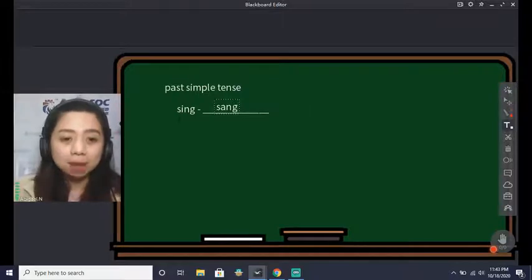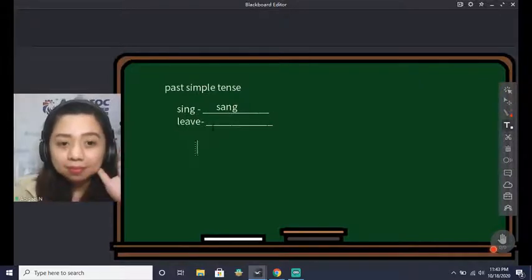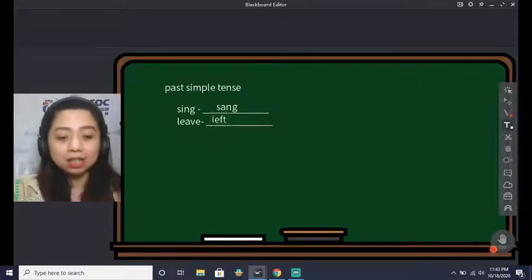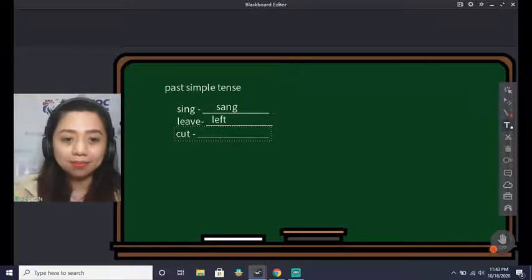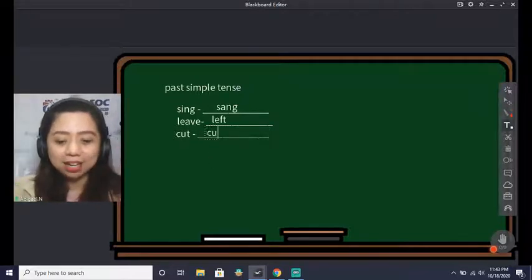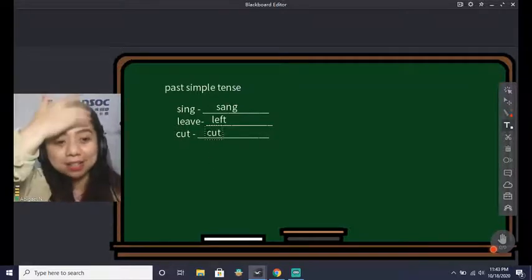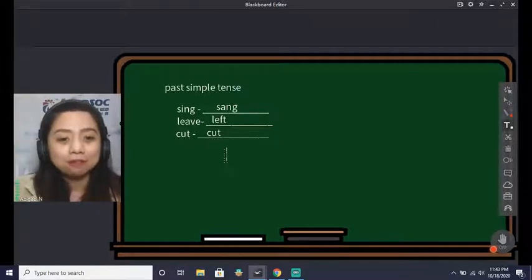What is the past tense of leave? Of course, it is left. What is the past tense of cut? Cut. Cutted? No. It's still cut, okay? Because it's an irregular verb. We don't say cutted. That's wrong.